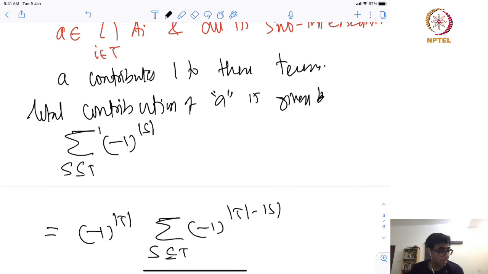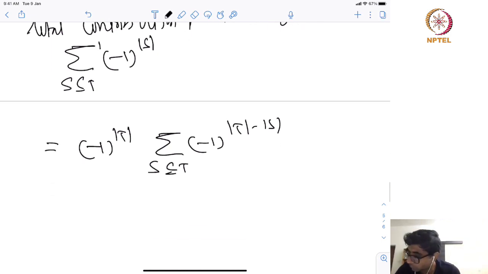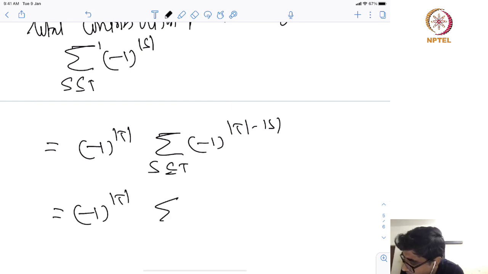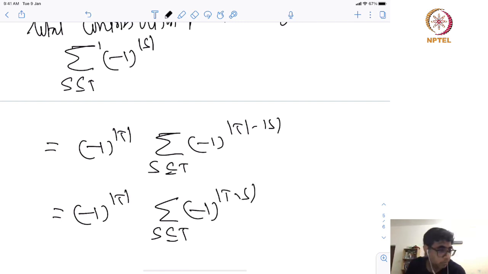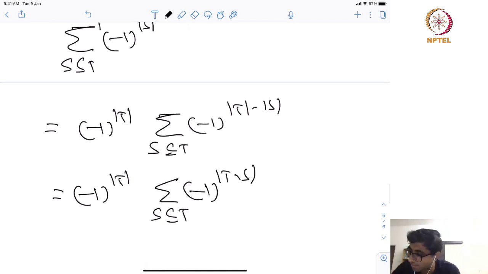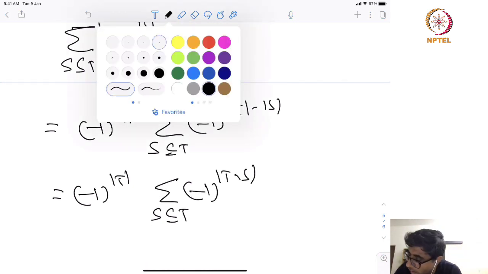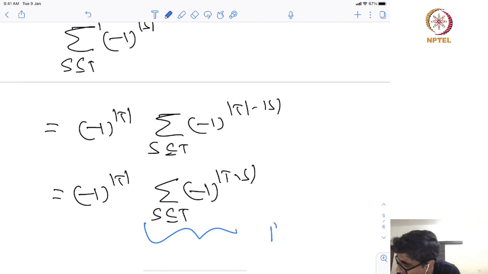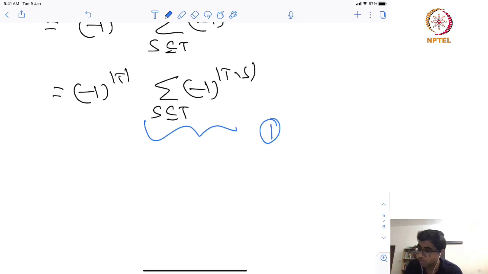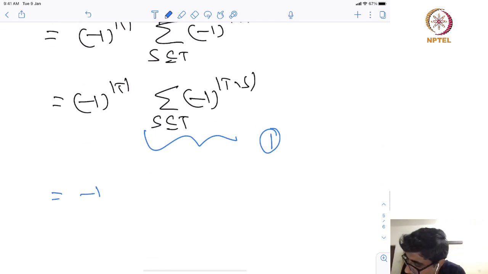Now this is exactly the expression 1, and we know this is equal to minus 1 to the power T.